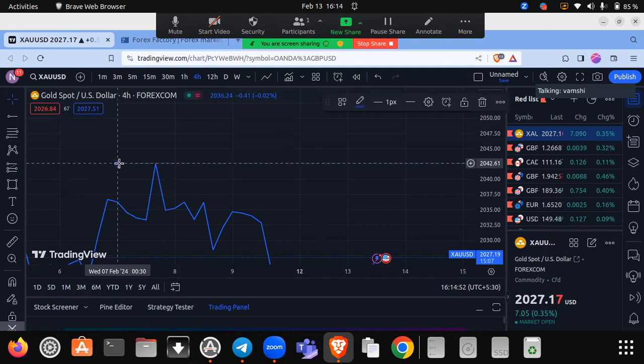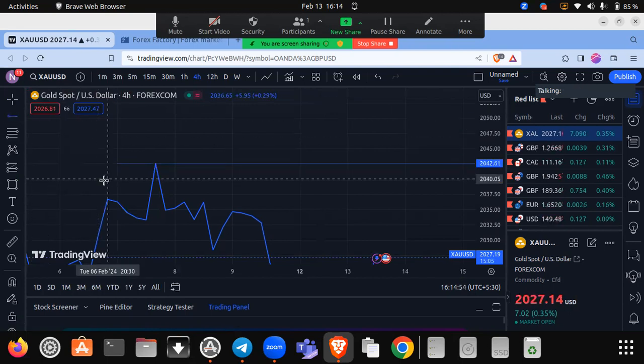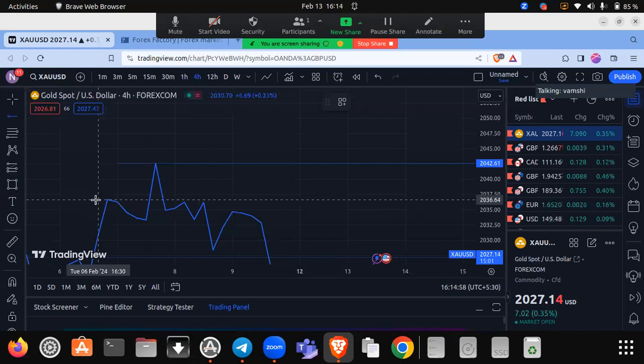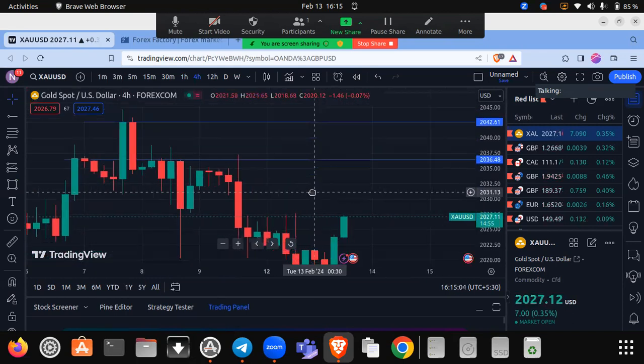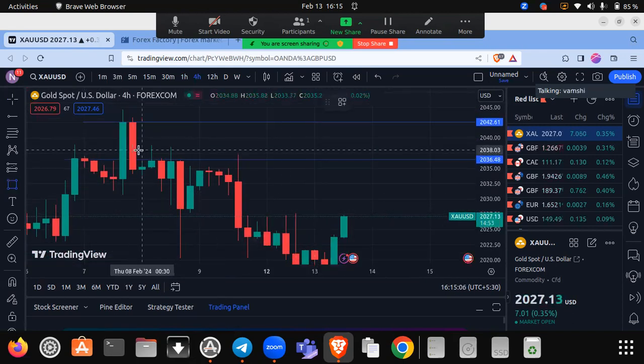Here we have a major resistance. Here we have another major resistance. You see this? There was no engulfing sell on the topmost major resistance, but we have an engulfing sell here.